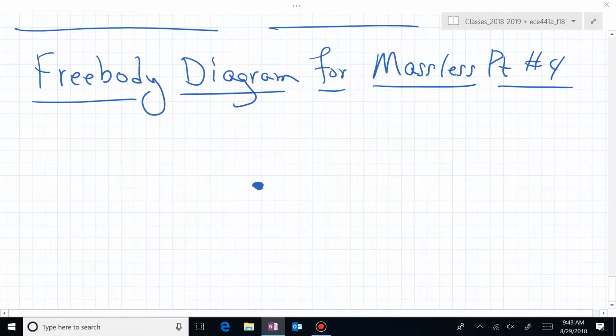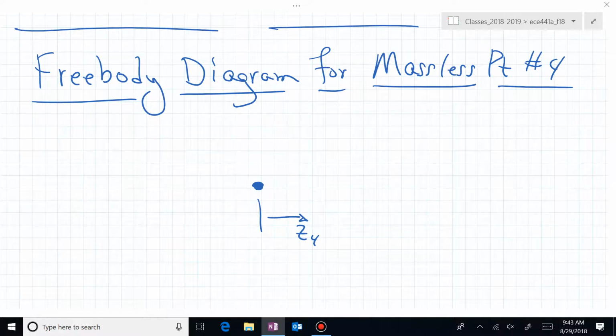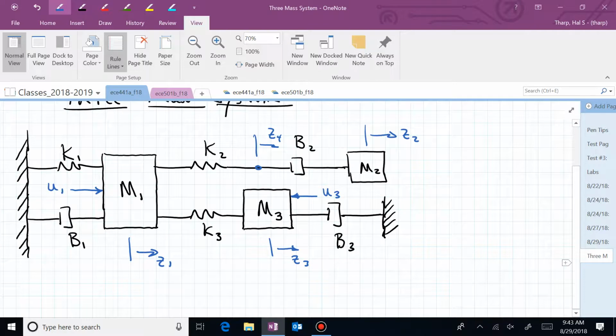Now we can just draw a point on our page, and we have it labeled as z sub 4 positive to the right. If I now displace that massless point positively to the right, what forces will be experienced by that point?